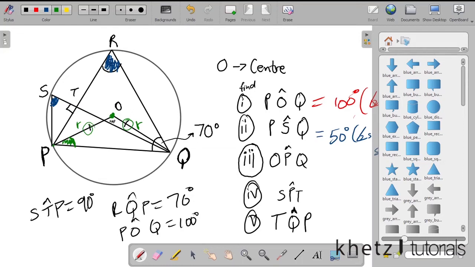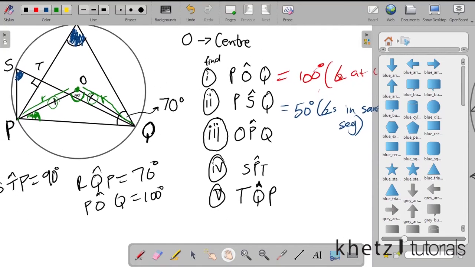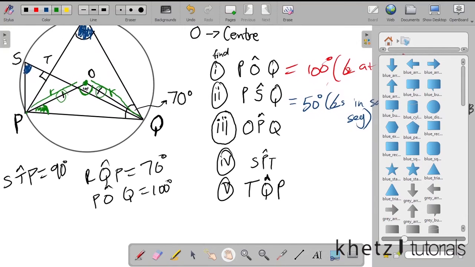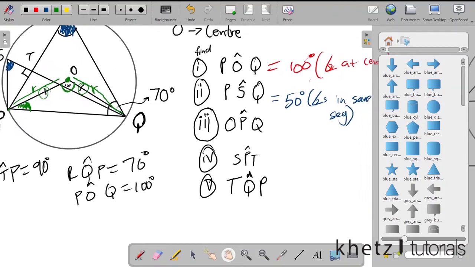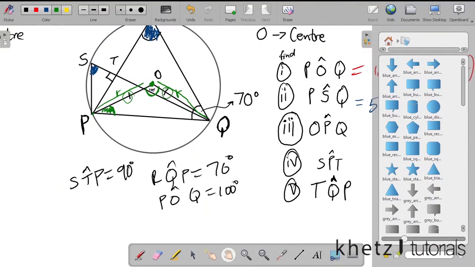So this line is equal to this line. And now that we have this angle here as 100, we can actually calculate the two angles which are part of the triangle, because then we have an isosceles triangle which looks something like this. So we have POQ.